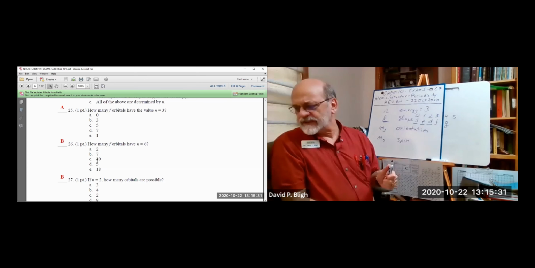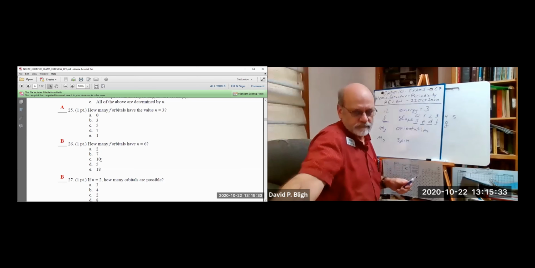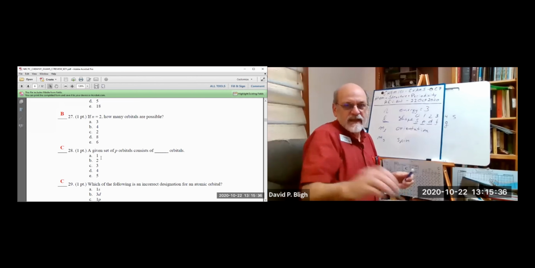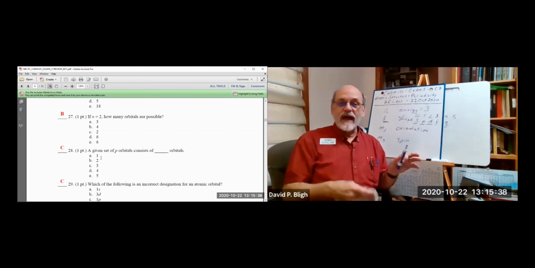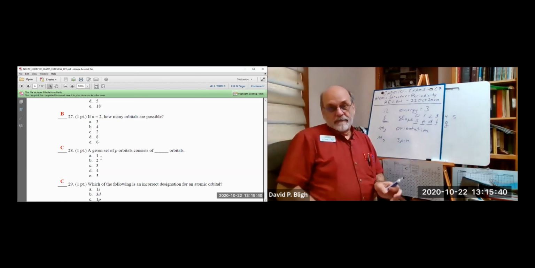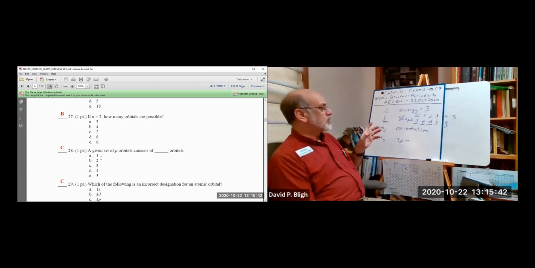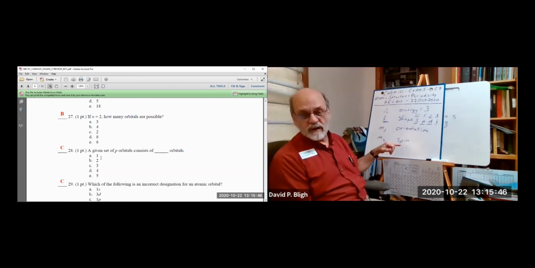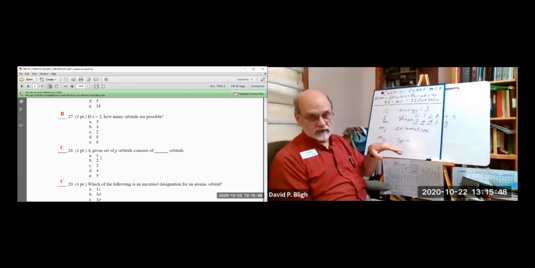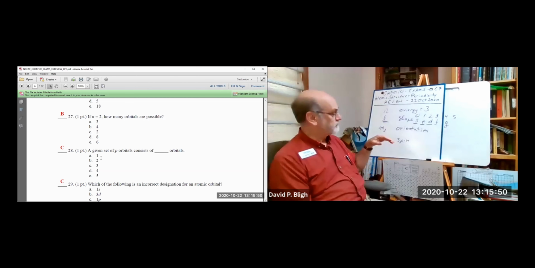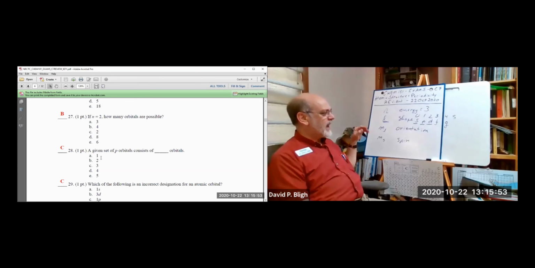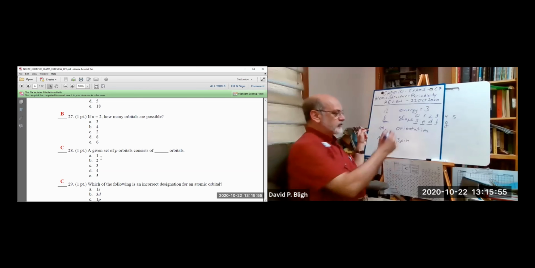Okay, 27. If n equals 2, how many orbitals are possible? So if n equals 2, we're looking at everything up to here because the spin quantum number is within the same suborbital, I should say. So how many orbitals do we have if n equals 2?